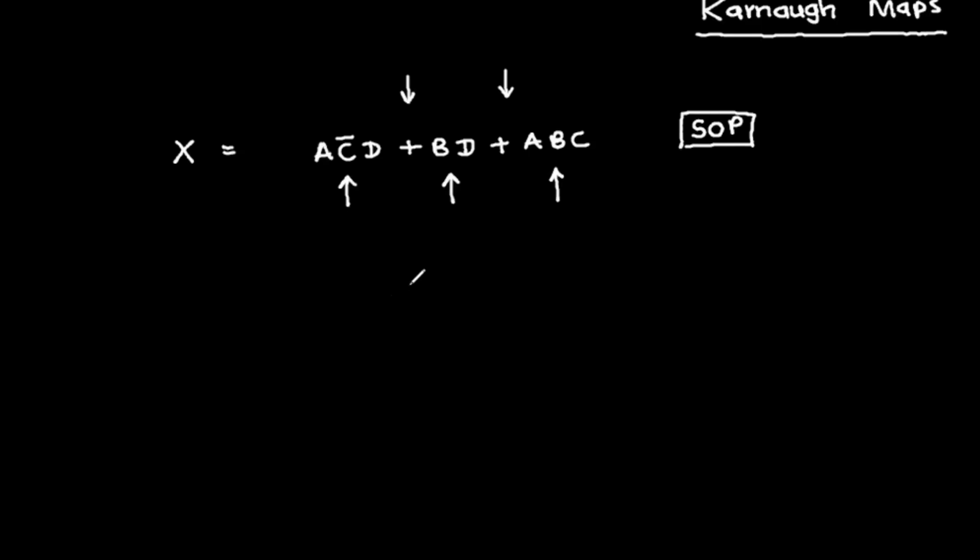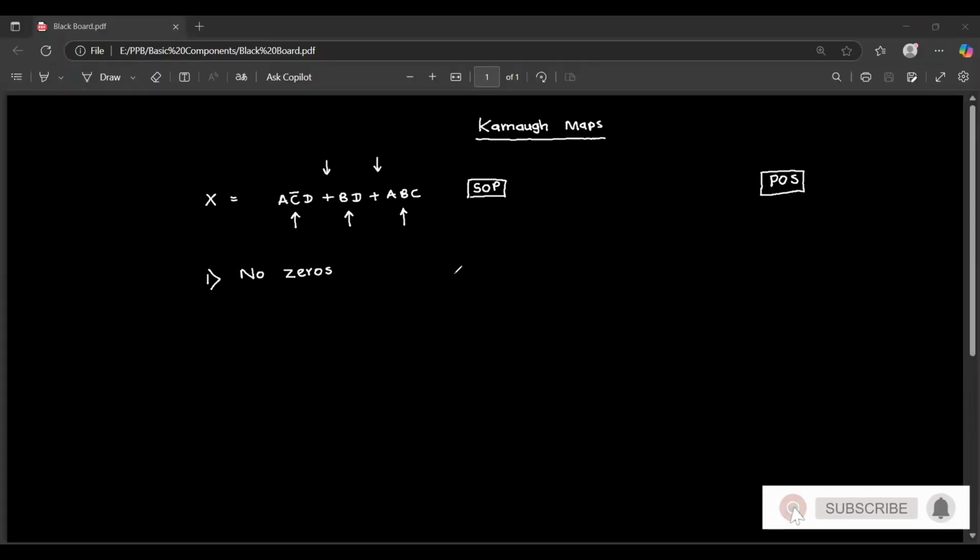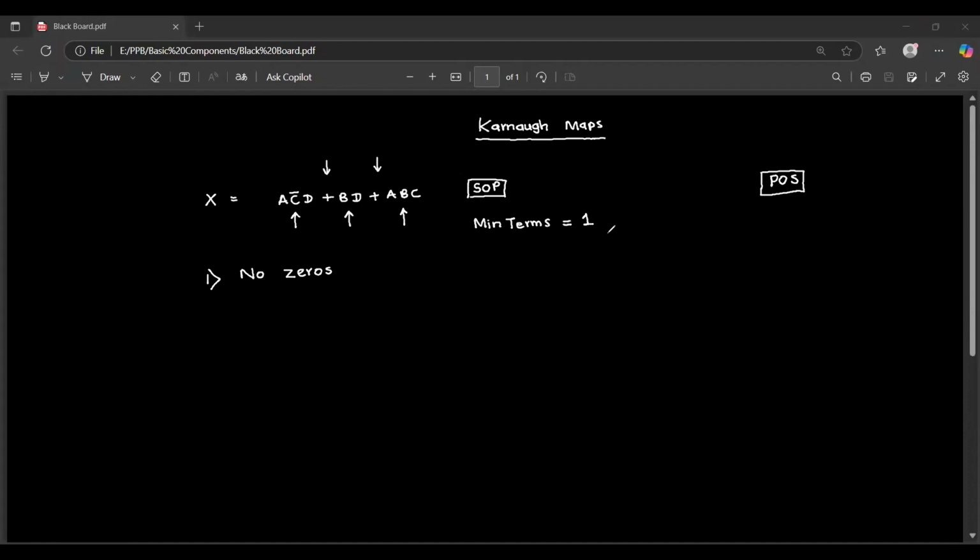Since we are talking about SOP, the first rule that we are going to learn is we can't allow any zeros. We can't allow any zeros because when we are talking about SOP, we use the min terms, and min terms are terms or combinations where the output is equal to 1, not 0.